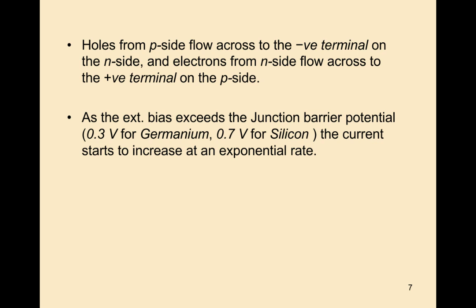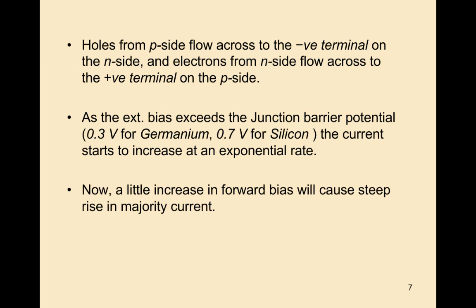So the current slightly increases after this barrier potential value. Now a little increase in forward bias will cause a steep rise in majority current.